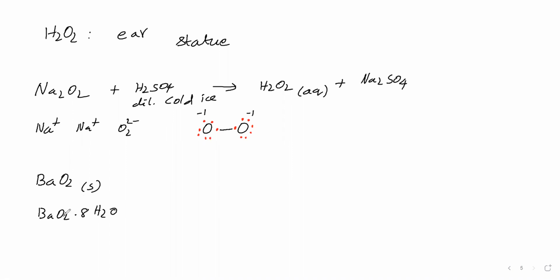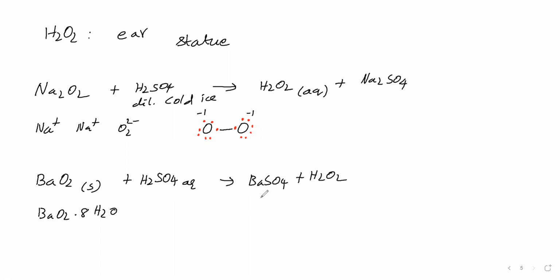To this, we are adding ice cold dilute sulfuric acid. What we are getting means barium sulfate and hydrogen peroxide, double displacement takes place. Barium and sulfate becomes barium sulfate, hydrogen and oxygen becomes hydrogen peroxide. Okay.